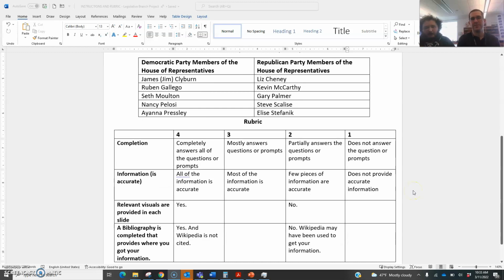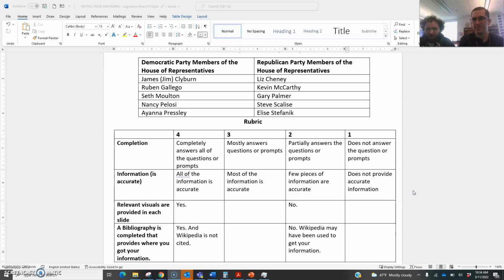For the rubric, how do I get full points? What do I have to do? In order to get an exemplary response, so the most amount of points, for completion, you completely answer all of the questions or the prompts. For information, to get the full points, all the information must be accurate. And if you're getting it straight off of the representative's website, it's going to be accurate.